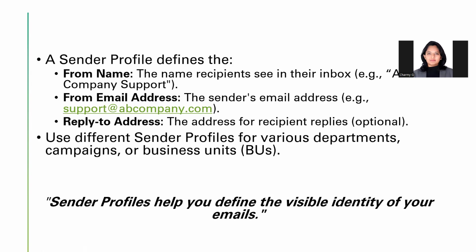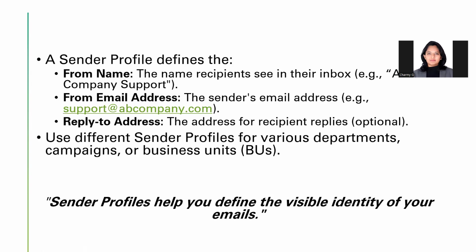By the way, setting up the reply to address is optional. But if we set up a reply to address, and any recipient is replying to our email, they'll be able to see this email address while replying in their inbox.